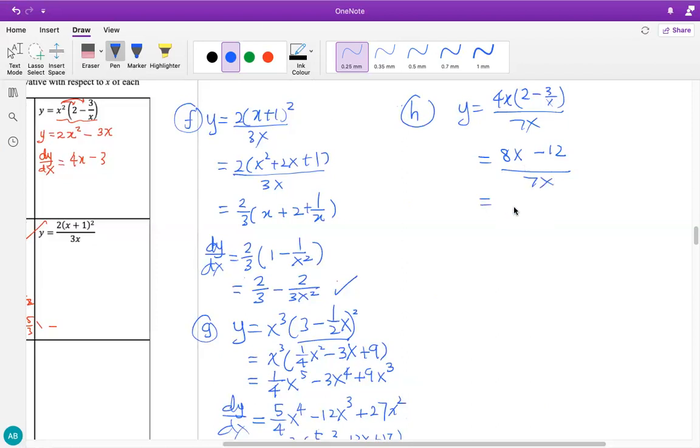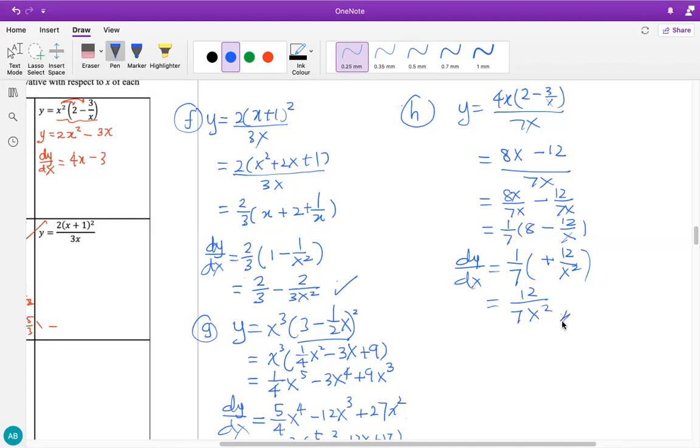So you get simplified here, 8x over 7x minus 12 over 7x. So you get 1 over 7, 8, minus 12 over x. So you differentiate dy dx. So this part will be 0. Then you get a positive 12 x squared. So you get 12 over 7 x squared. This is your answer.